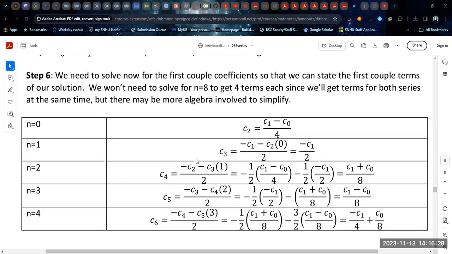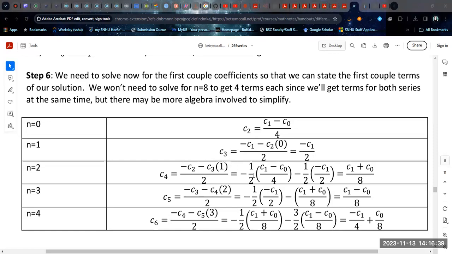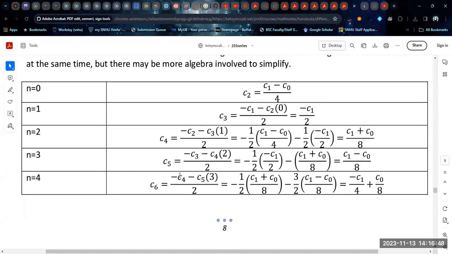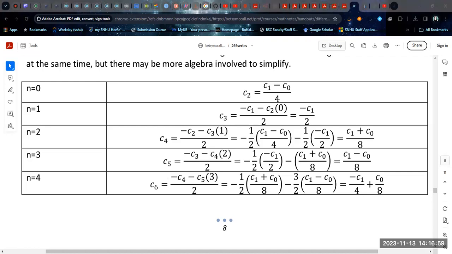N equals 2, we plug in C3 and C2. Then we have to replace C2 and C3 with our previous expressions because we want a solution in terms of C0 and C1. And so on and so forth. We keep going. C5 depends on C3 and C4, which we can rewrite in terms of C1 and C0.